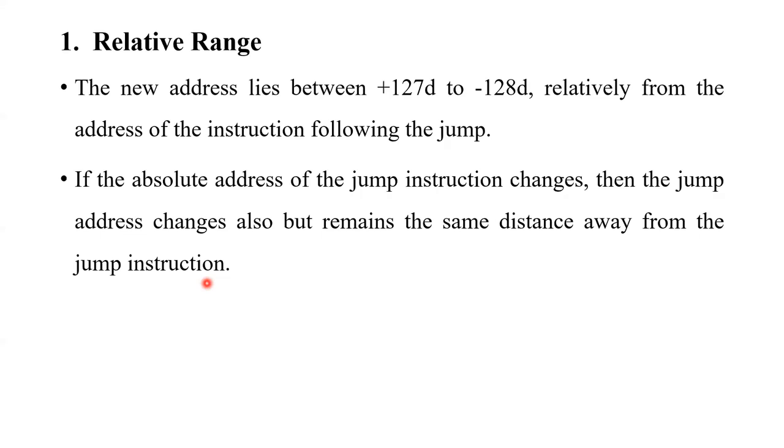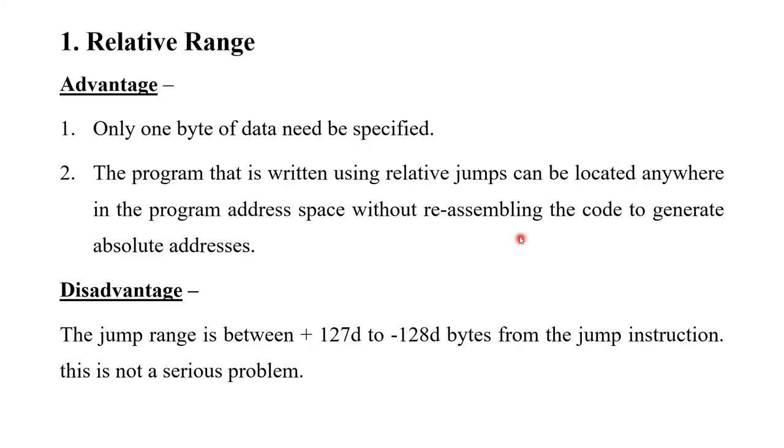Now it will jump to 0009. The distance still remains the same, 2 bytes. Since the distance is the same, you don't have to reassemble the code to generate the absolute address. That is one of the advantages of the relative range.